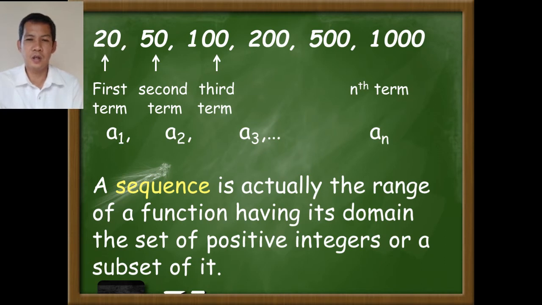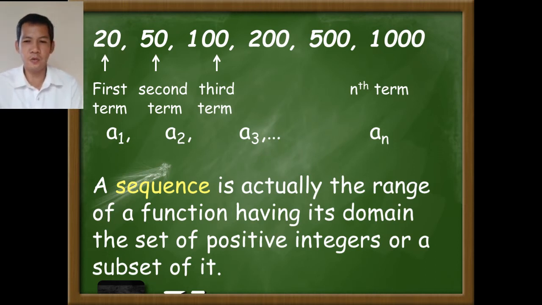In this discussion, we will be using A to denote a term. So for the first term, we have A sub 1. Second term can be represented by A sub 2. Third term by A sub 3, and so on. And the nth term by A sub n. What is a sequence now?